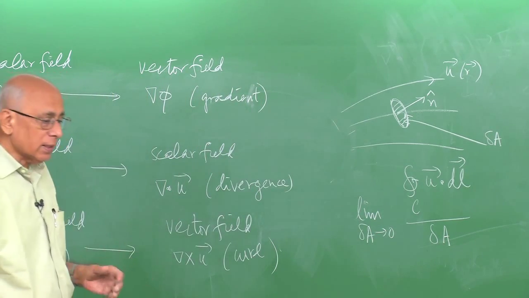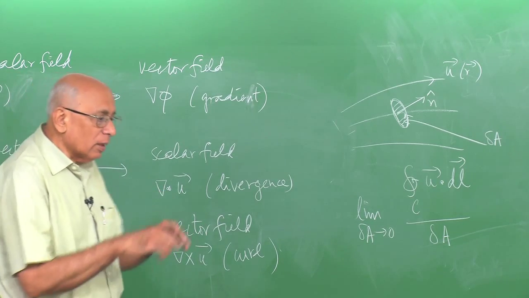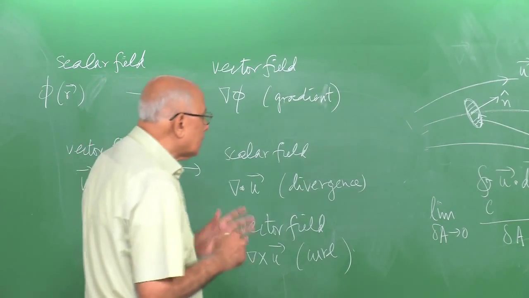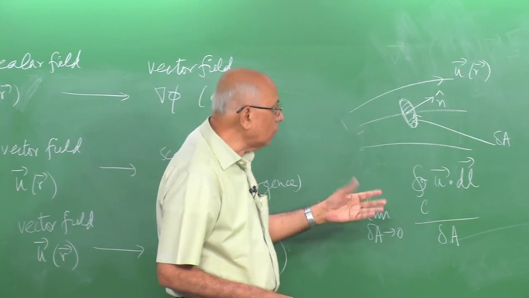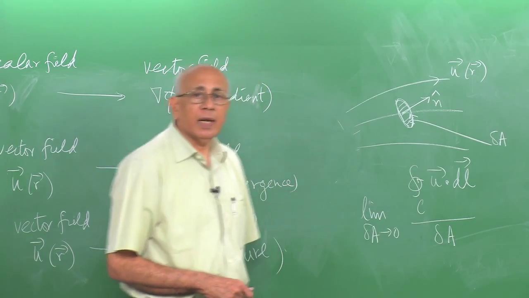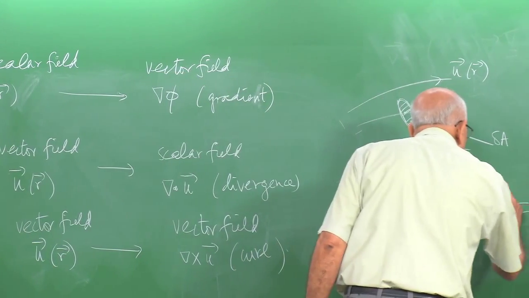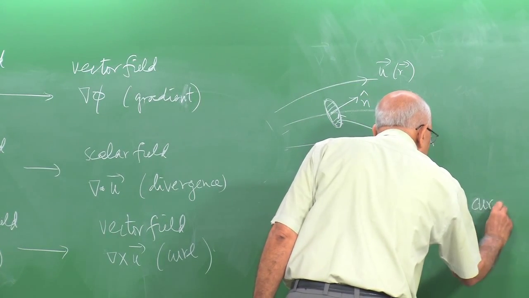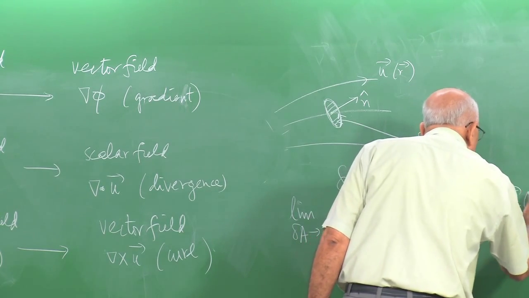The limit is finite, just as we took the flux per unit volume over an infinitesimal volume element while the surface area delta S of the volume element went to 0. In the same way, this periphery, the circumference, also goes to 0, and the area goes to 0 in such a way that this quantity, if it has a finite limit, is called the curl of this vector field. So this is the definition, it is called the curl of u at the point r.